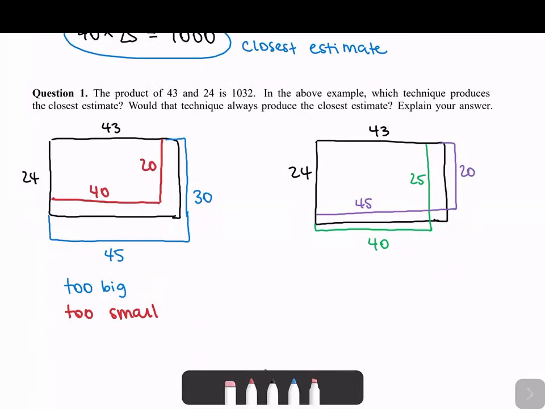Okay, so this is how we can see that if we're trying to get a more accurate estimate of multiplication, we can round one number down and one number up. And this argument works for every problem, that this would be a more accurate representation. So the green and purple seem like they would be a closer estimate. So that's all for this discussion on compatible numbers and multiplication, and that's all for this video.